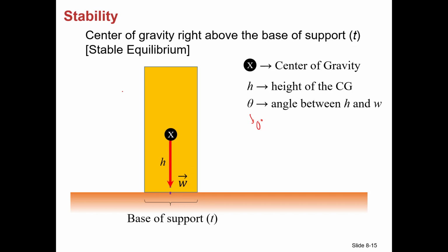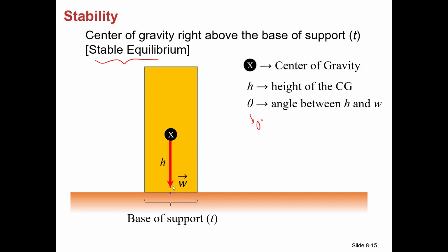So this condition, where the center of gravity is exactly above the middle point of the base of support, or where the angle between h and w is 0, is called the stable equilibrium condition.